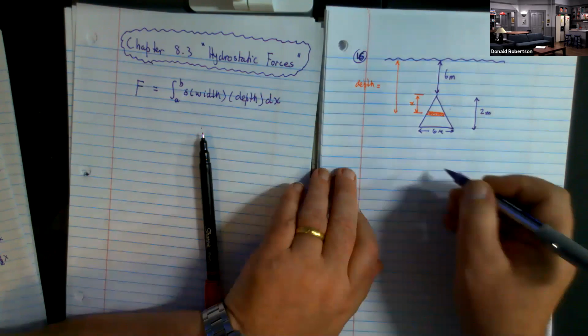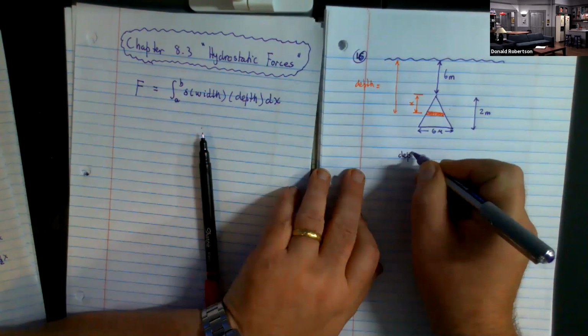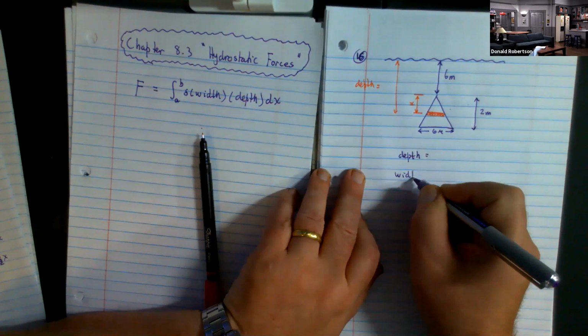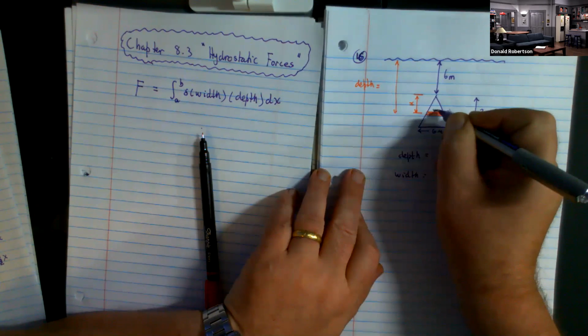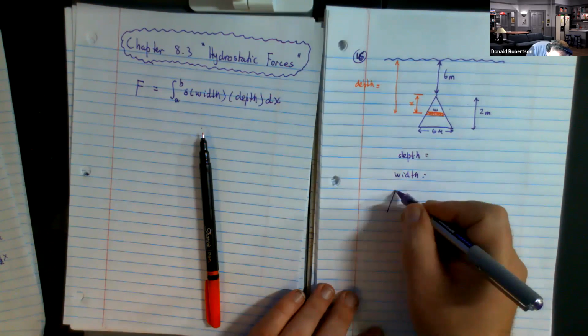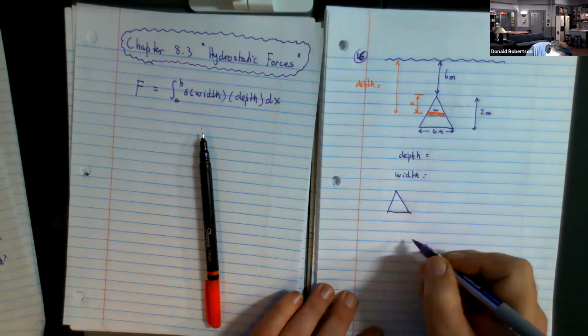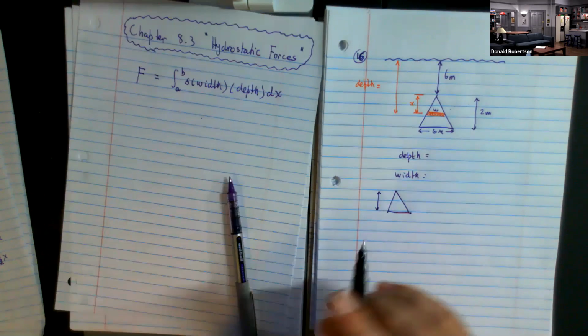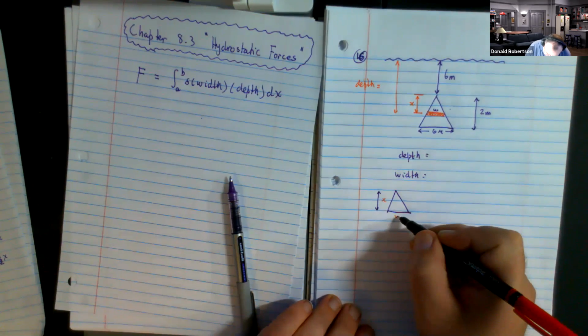And we are going to find depth and width, which is that guy, in terms of x. So I would construct my little baby triangle. And this distance would be x, and this distance would be w.